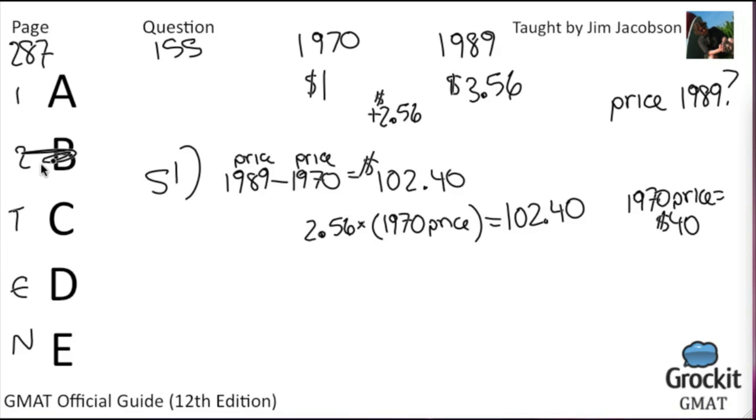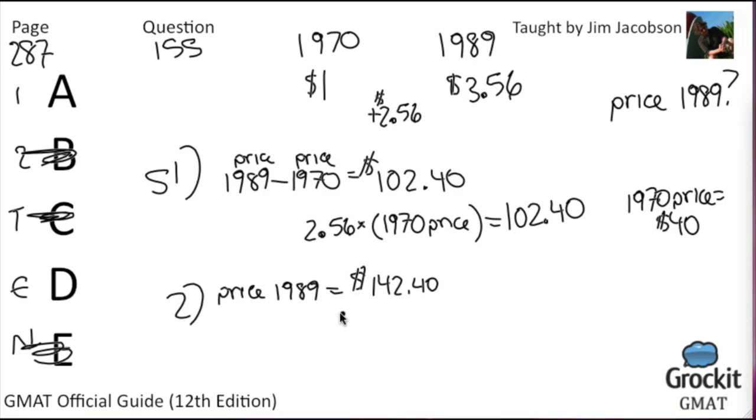So we can cross off B, C, and E. Statement 2 tells us that the price of the Model K mixer was $142.40 in 1989. Price in 1989 equals $142.40, so we can set up a proportion.